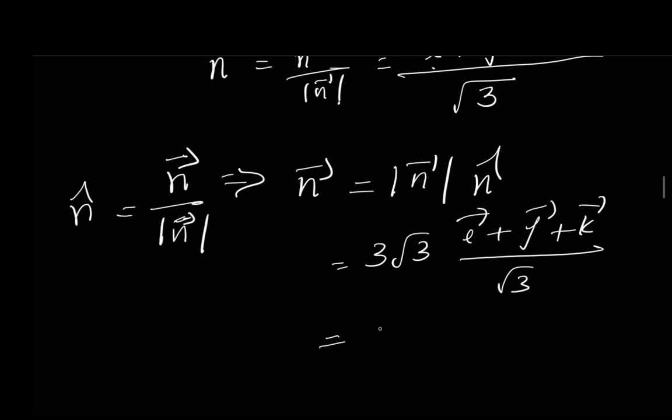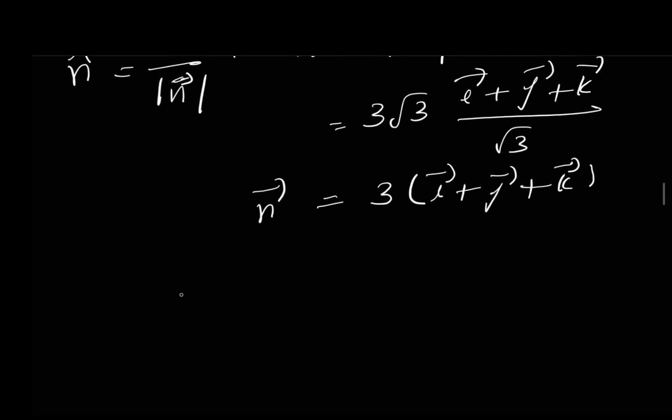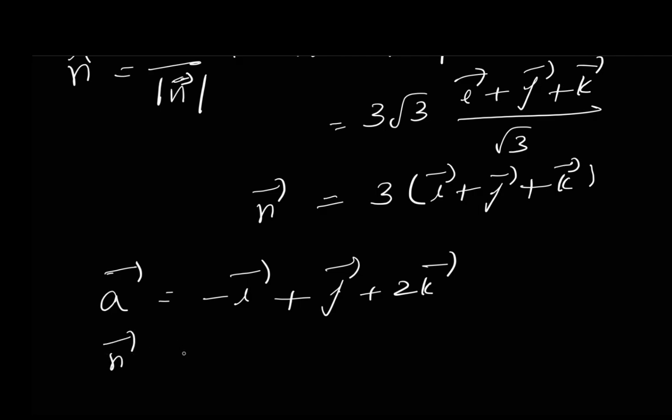Root 3 cancels, so we get 3 into (i plus j plus k). This is the normal vector of the given plane. The plane passes through the given point minus i plus j plus 2k, and the normal vector is 3 into (i plus j plus k).